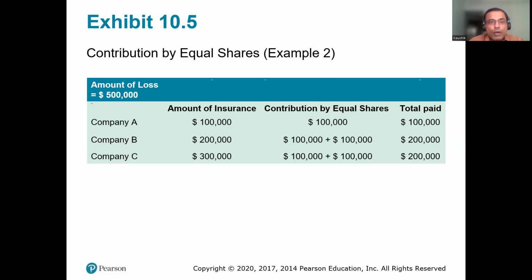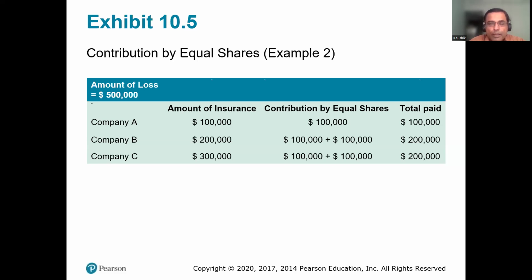Now, suppose the amount is higher than the limits of one or more of the insurers. In this case, the amounts of insurance are 100,000, 200,000, and 300,000, while the loss is 500,000. So the lowest limit is 100,000. First 100,000 is assigned to each of the insurers.